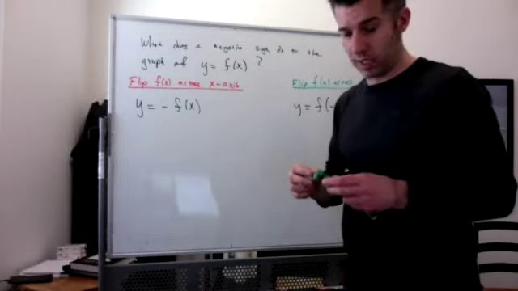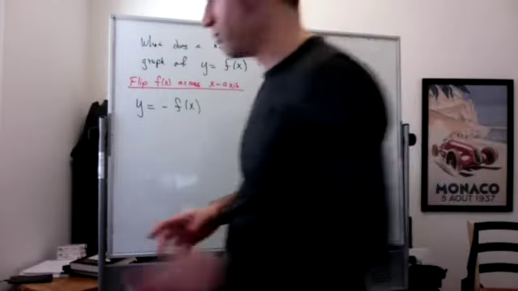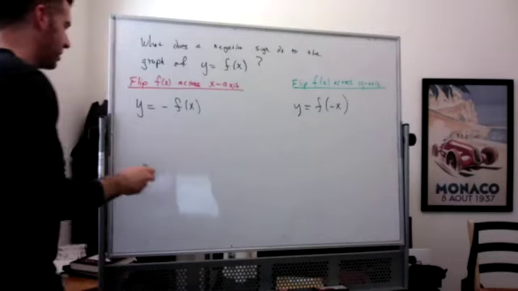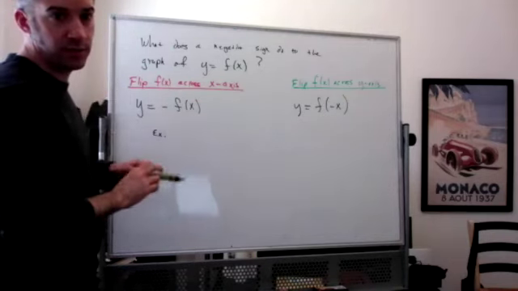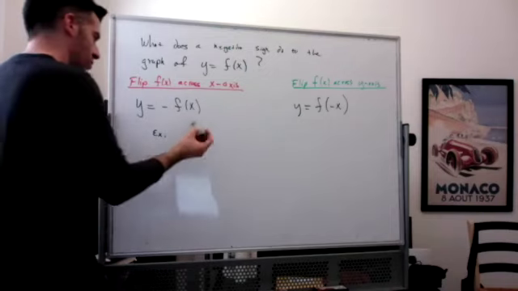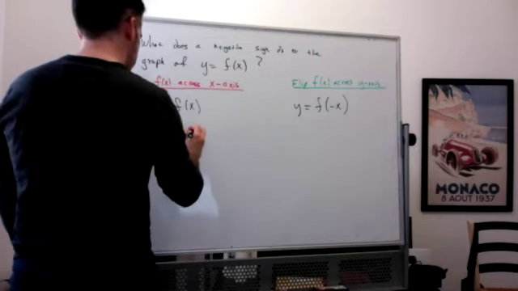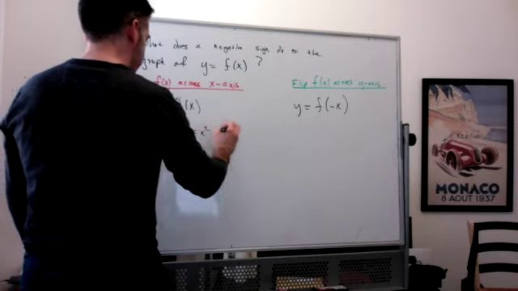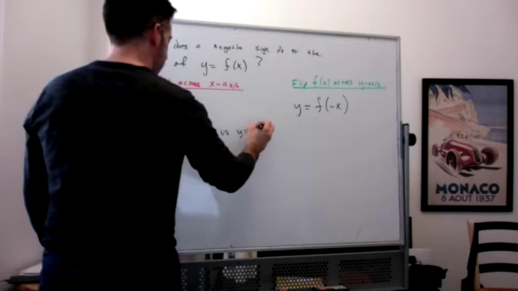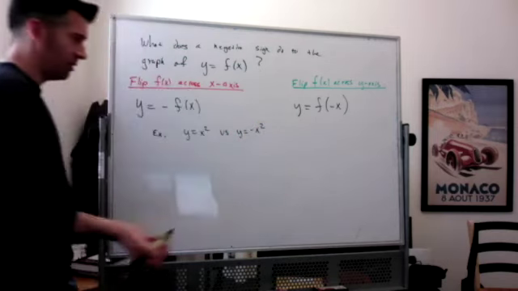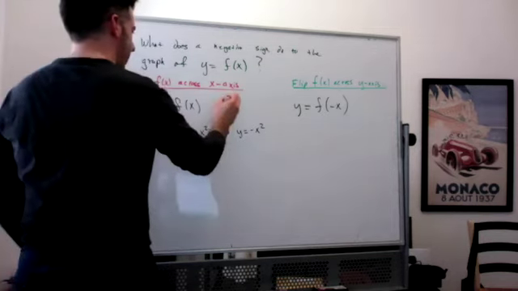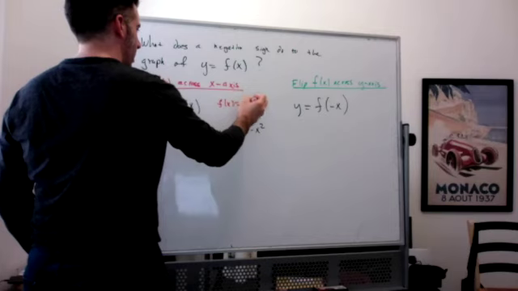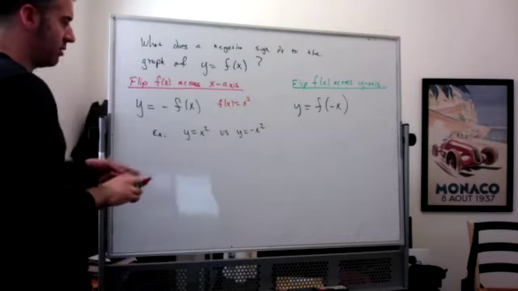Let's look at a couple of easy examples. Say, for example, y equal to the function x squared versus y equal to negative x squared. I'm taking my function f of x equal to x squared, and here's the regular one.